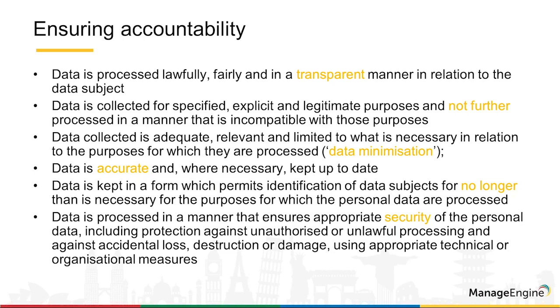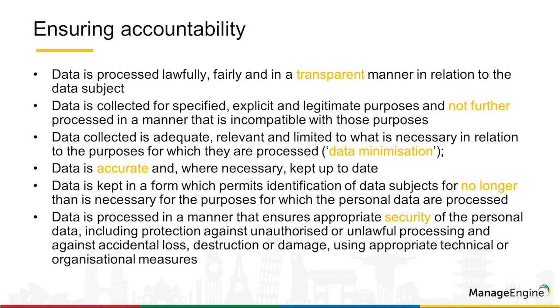Data should not go further than what the purpose is. So the idea is, if you're trying to get information about birthdays, well, you shouldn't be getting information beyond that. So whatever the purpose is, right? The specified, explicit, and legitimate purpose, and no further processed in a manner that is incompatible with those purposes.